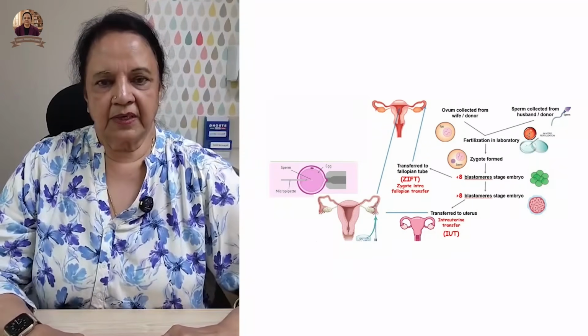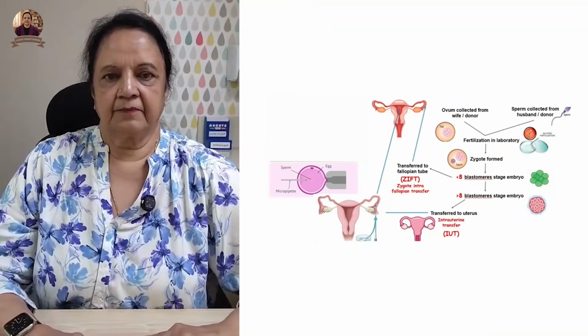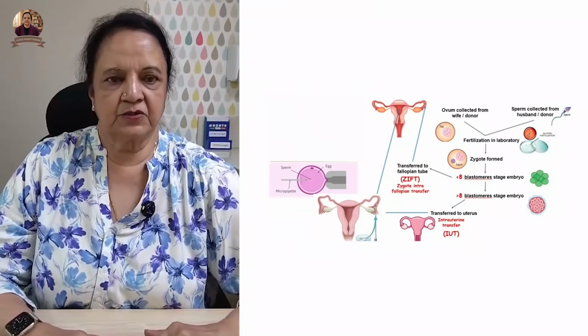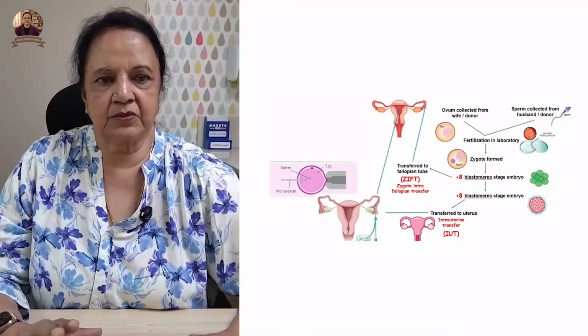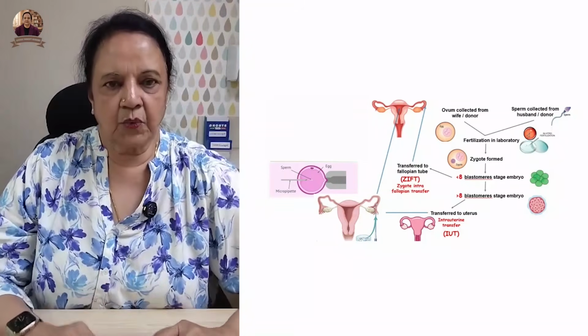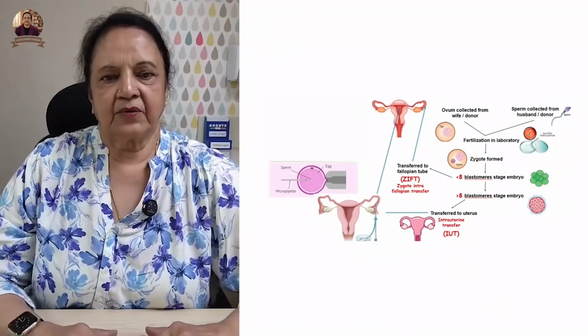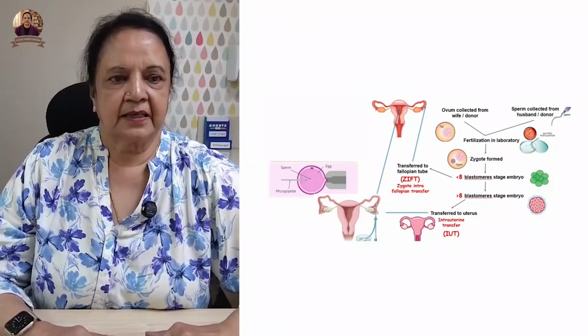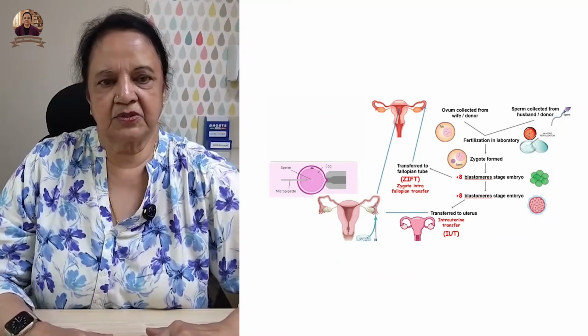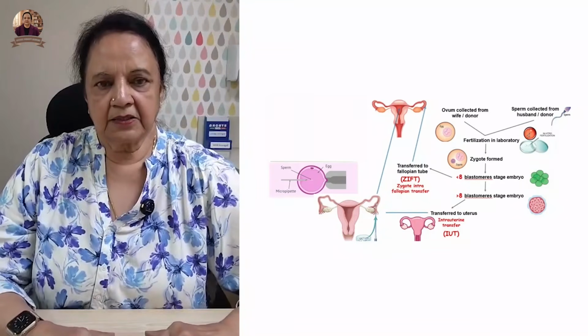First of all, ovarian stimulation is done. The woman is given hormones to stimulate her ovaries to produce multiple eggs, oocytes, in a single cycle instead of just one. Egg retrieval: the mature eggs are collected from the ovaries using a minor surgical procedure guided by ultrasound.